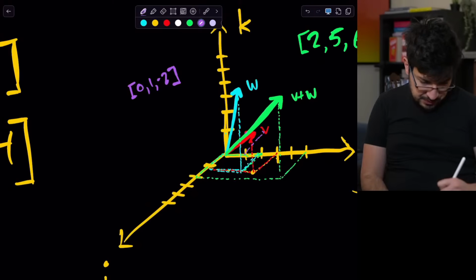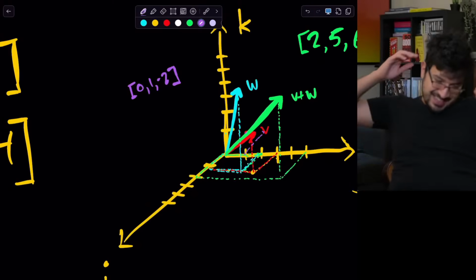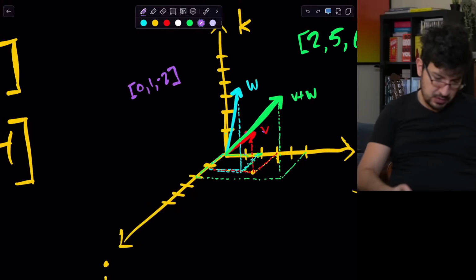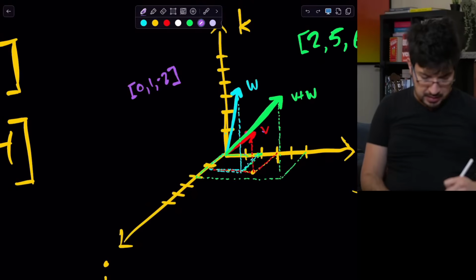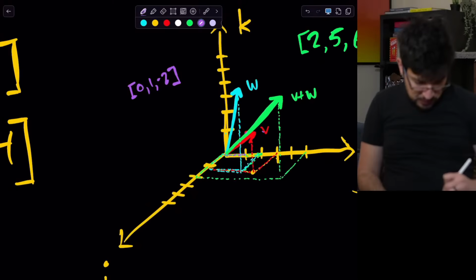It's so hard for me to see 3D space, honestly. Oh wait, shoot. 0, 1, negative 2. So 0 in the I component, 1 in the J, and then negative 2 in the K component.